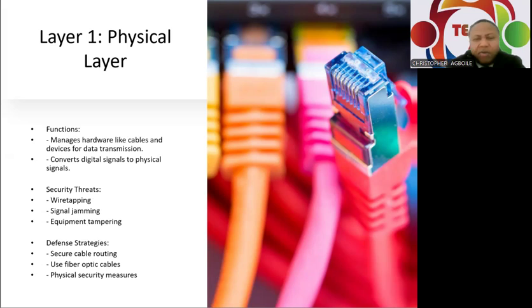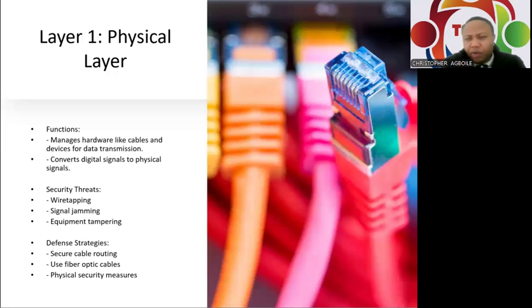At this level, we're looking at the threats associated with each layer. Here at layer 1, the major threat is wiretapping. What is wiretapping? Wiretapping is unauthorized interception of data during transmission. Remember, we talked about using encryption.